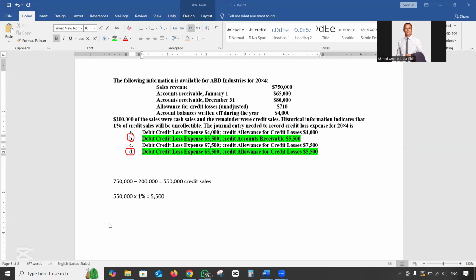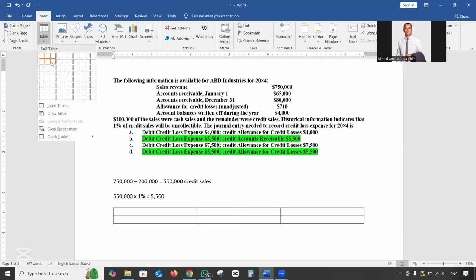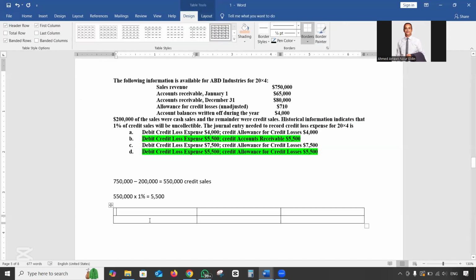I'll choose the one in which the entry has the amounts I am not sure I can collect called credit loss expense, which is written on the debit side. Credit loss expense for 5,500. Expenses are written on the debit side, and the credit loss means a loss will happen because I have sold goods on credit.